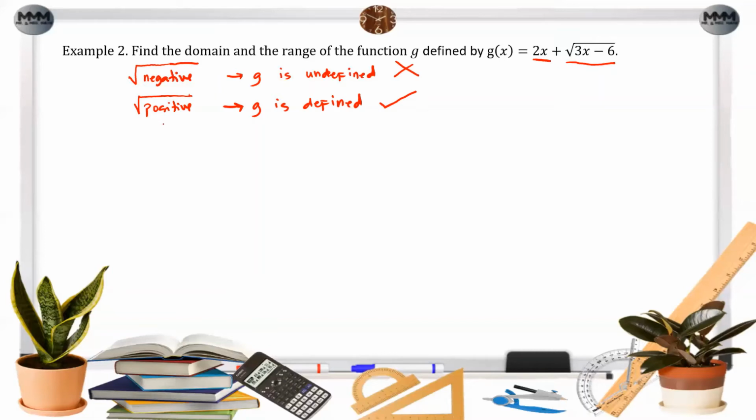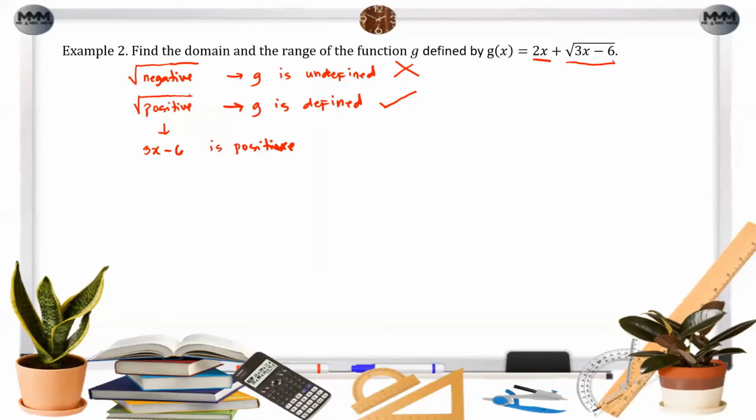Now take note here. When the value inside is positive, the expression inside is 3x minus 6. So the expression inside is positive. I have written here positive inside.